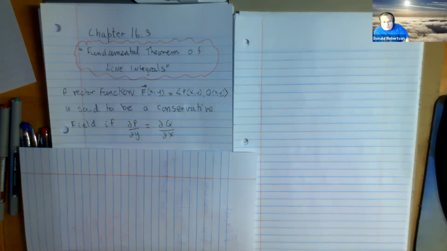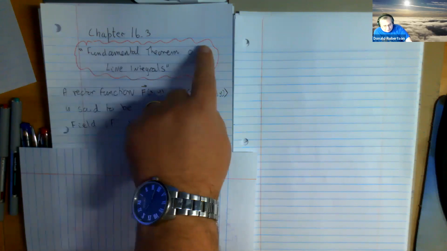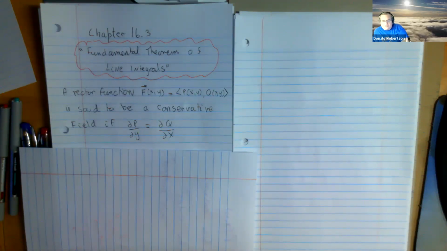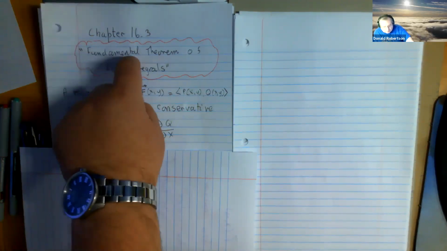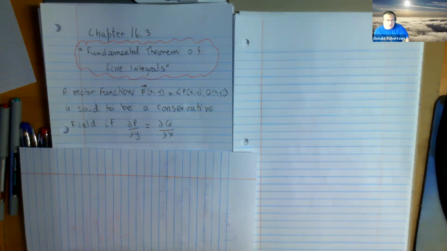And if it's not conservative, that's kind of the end of its life as far as 16.3 goes, because you can't do anything we're going to show you using the fundamental theorem of line integrals, because this only works for conservative fields.